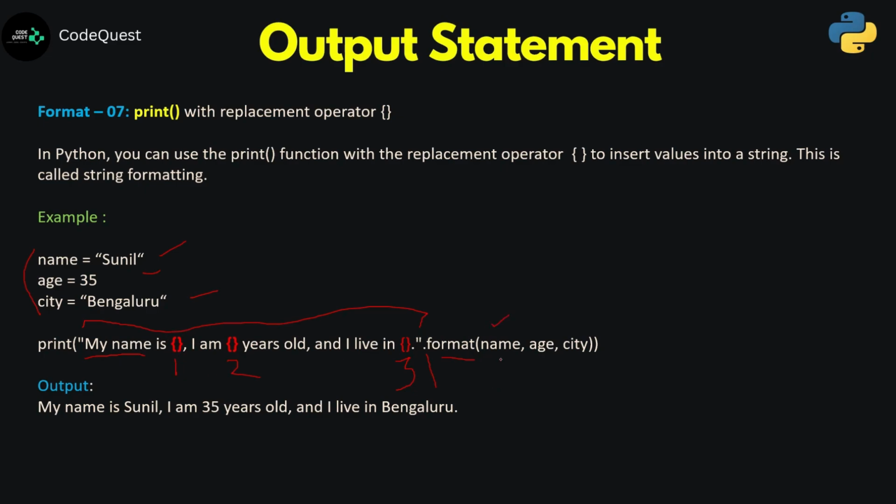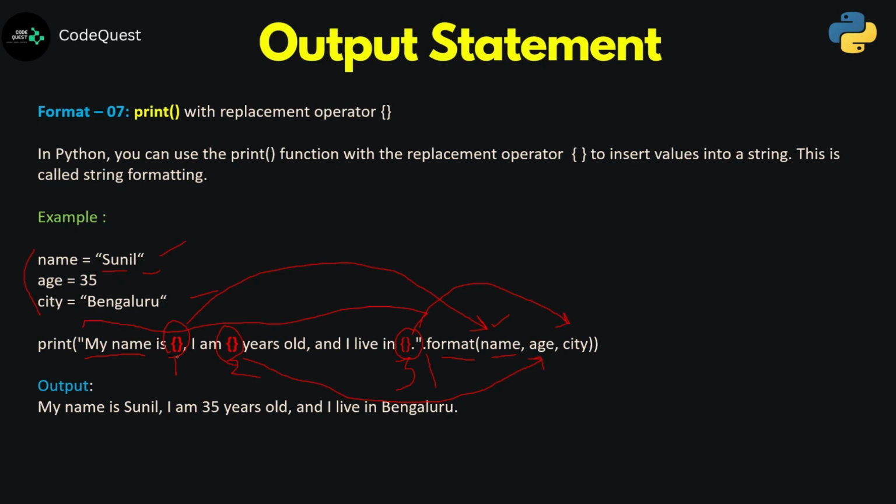Like in the format, the first argument is name, which means name is holding what? Sunil. So this first curly braces, or the replacement operator, is going to replace the value of this name. Similarly, the second pair of curly braces, that is the replacement operator, will replace the value of the second variable, which is age. Likewise, the third replacement operator is going to replace the value of city.